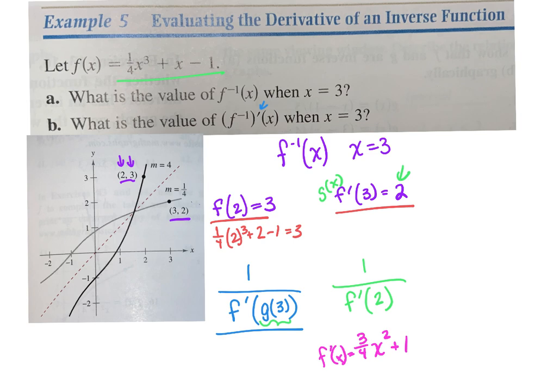Then I have 4 over 4 is 1, so 3 plus 1 is 4. So this guy right here is going to be equal to 4. So my answer to what is my inverse derivative at 3, that's going to be 1/4.